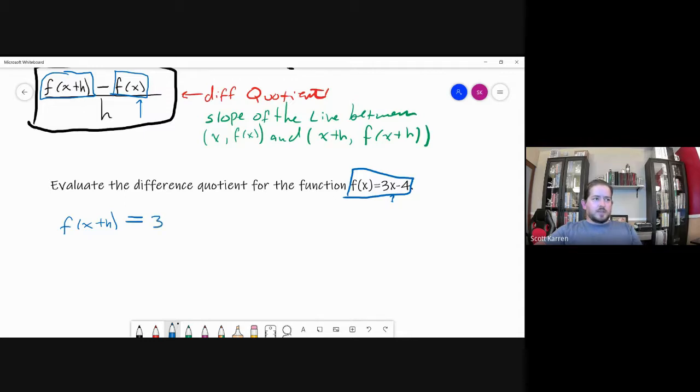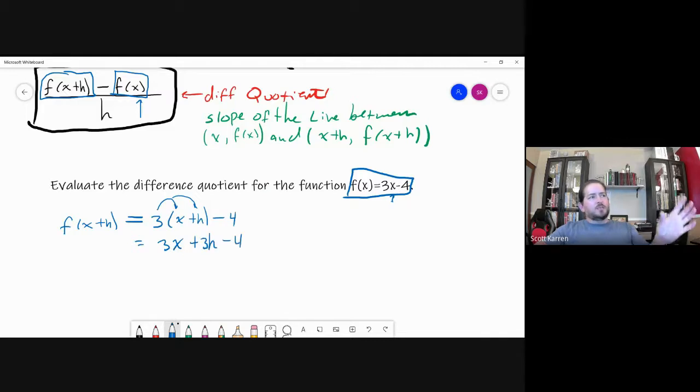So this is then 3 multiplied by, instead of x, now it's x plus h, minus 4. And I'm just going to worry about what f of x plus h is. So I'm going to take this 3 and distribute it through. This turns into 3x plus 3h, and then minus 4.